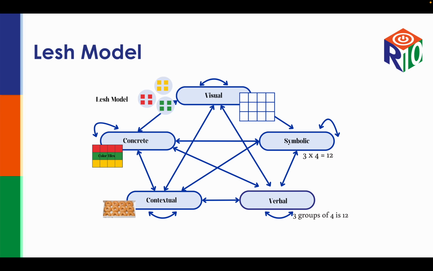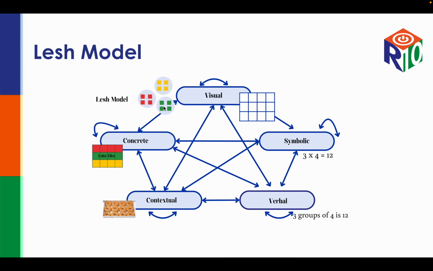So then when we get to something like 3 groups of 4 is 12, how do we know that 3 groups of 4 is 12? We have our students that are like, it's 12, let's move on with life. But then we need those students to see that it's 12 because 4 and 4 is 8, and that's a double.